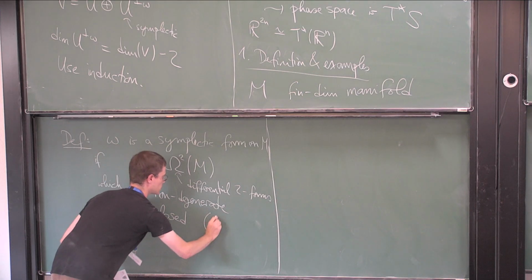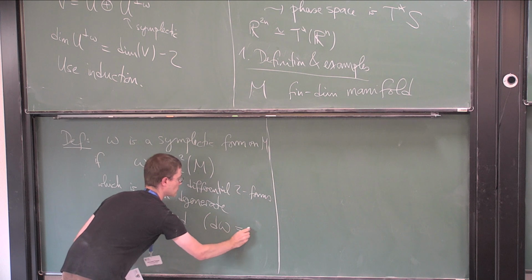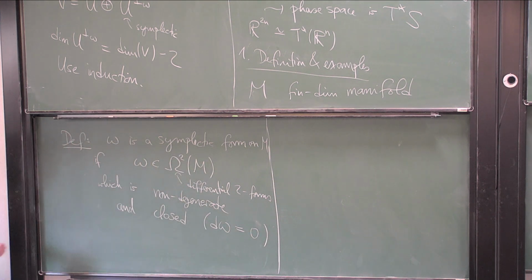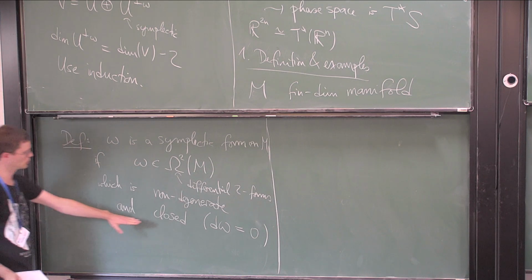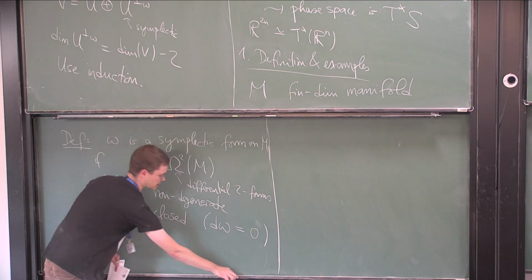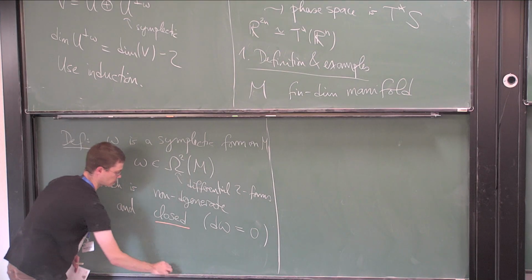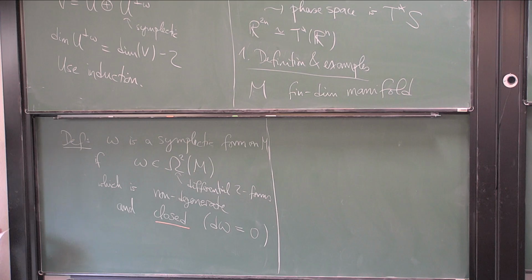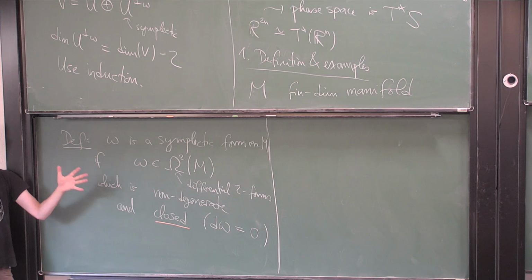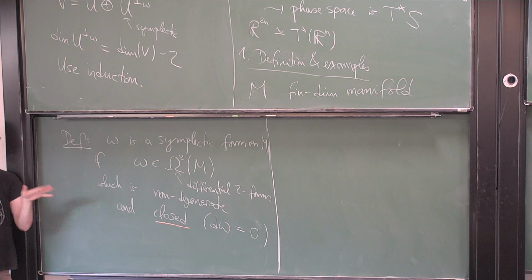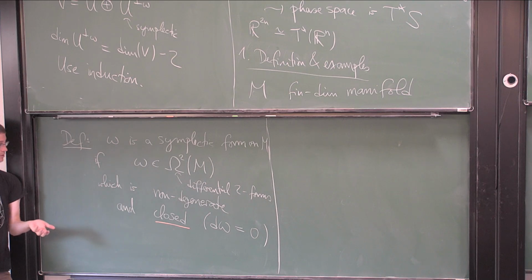Closed means that the differential of omega is 0. We will see why closed is very important. First, one important property we want is that on a symplectic manifold you have a notion of time evolution whenever you have a Hamiltonian, and you want this time evolution to preserve the symplectic structure.